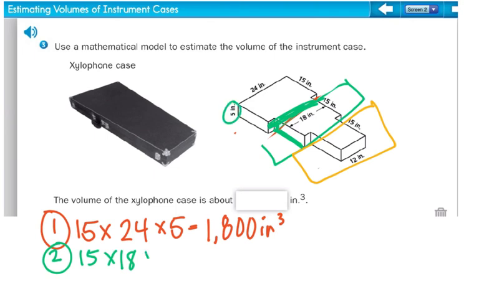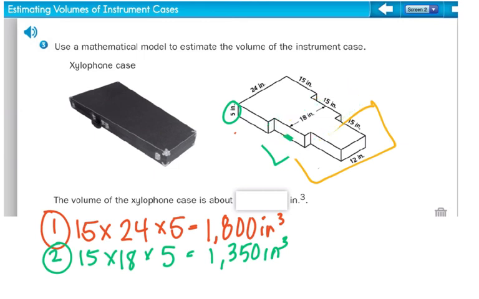That doesn't change, so we multiply that by 5. So on your calculator, take the length of 15 times the width of 18 times the height of 5. It's the height consistently along the whole case. That would be 1,350 inches cubed.